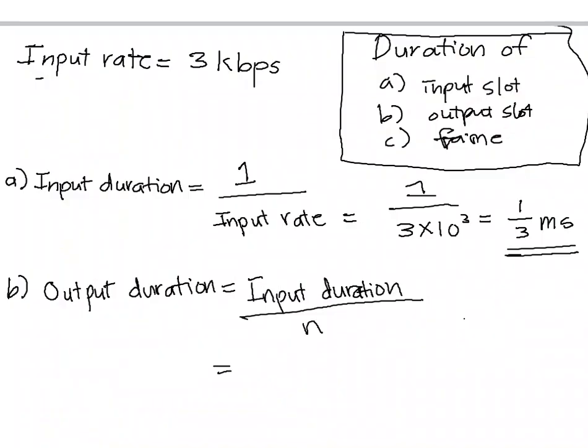Okay, so we have already input duration. From A, we have input duration 1 over 3, okay, millisecond divide by 3. So the answer is, okay, 1 over 9 millisecond.